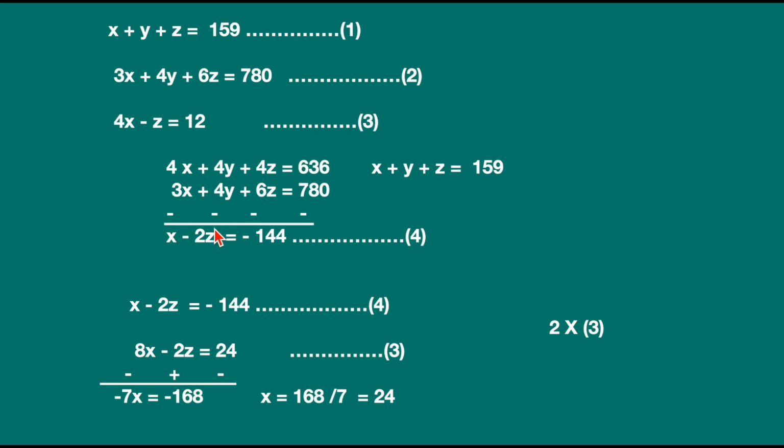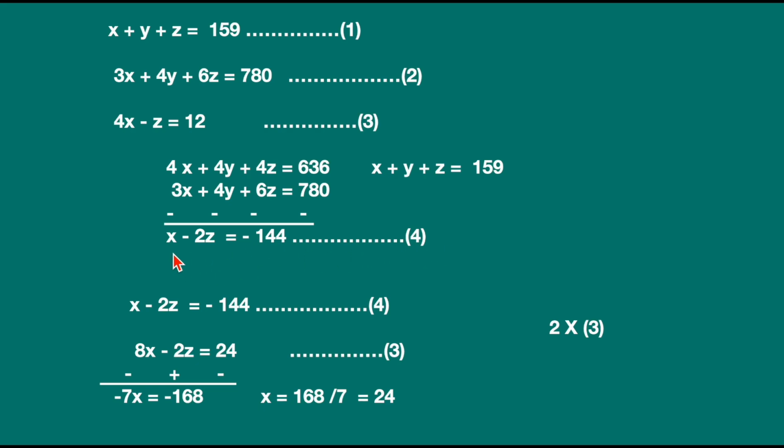Plus has to become minus. So I will change all the signs. When you subtract this, it becomes X. 4x - 3x is X. This will become 0. 4z - 6z is -2z, equal to 636 - 780, which is -144. So this is the equation I get.